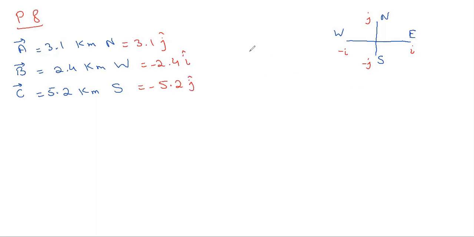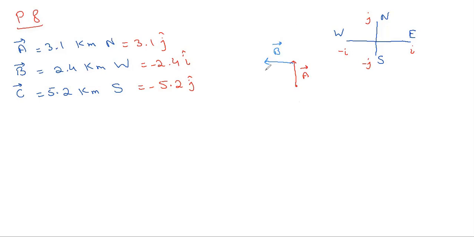Or if I have to draw the schematic diagram of the journey of the particle, it will be something like this. This will be vector A. Let me use some other color. This will be vector B. This diagram is not drawn to scale.